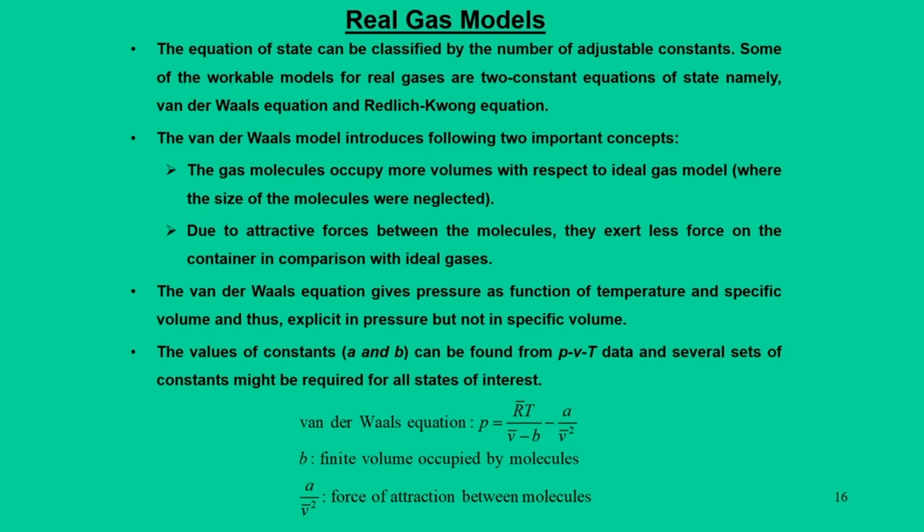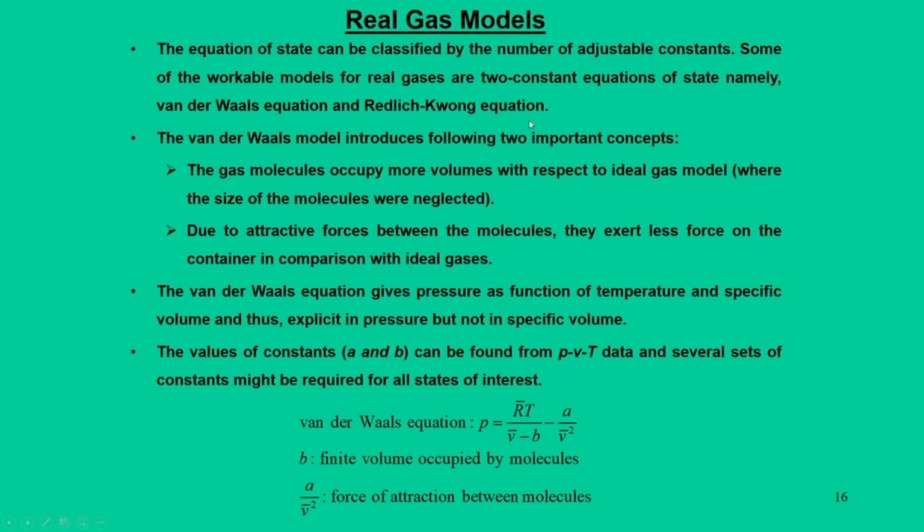Now moving further, we are going to discuss some of the real gas models. Till this point, the representation was done graphically through a compressibility chart, but many times people are comfortable writing equations, and we call these real gas models.